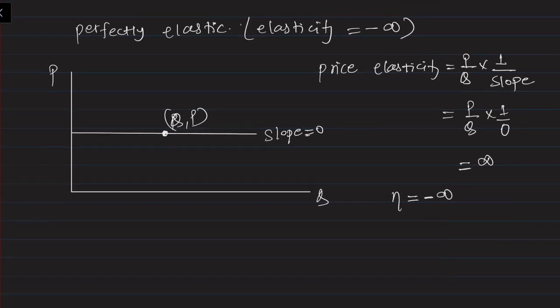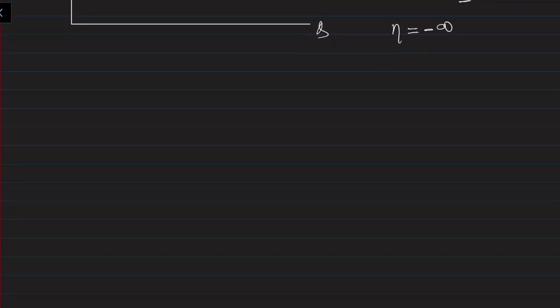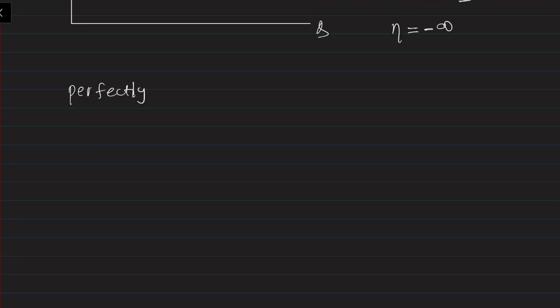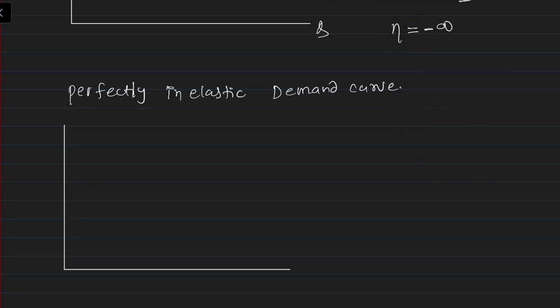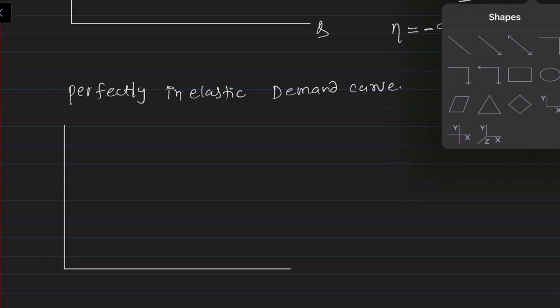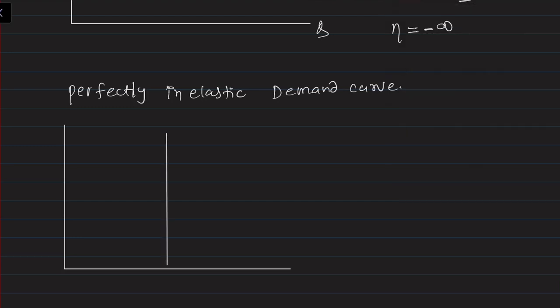Now let's consider the other extreme case. Perfectly inelastic demand curve. Okay, let me draw the graph. So this time we have a vertical line parallel to the vertical axis.